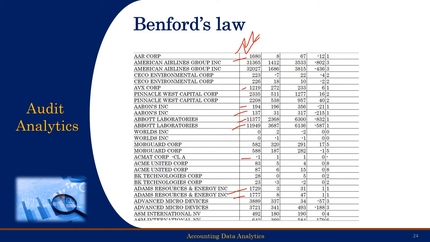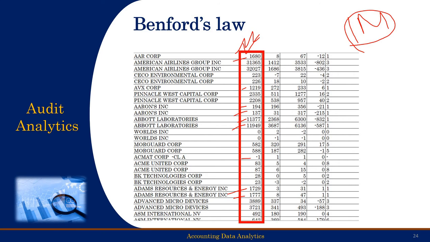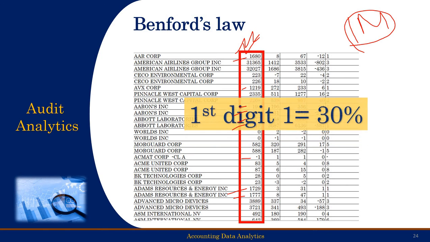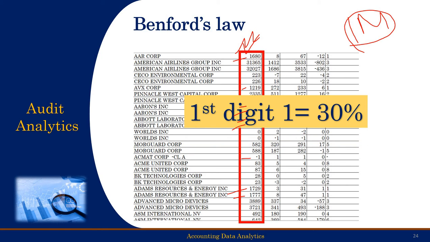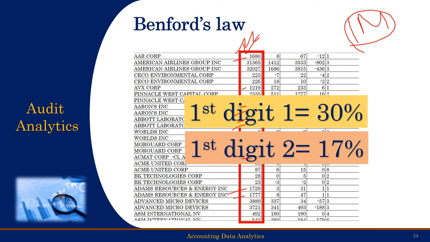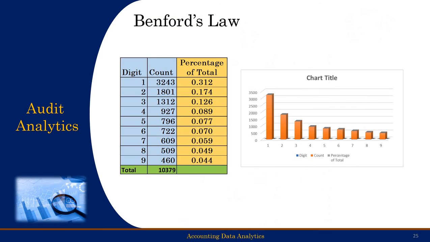So say, for example, this data set has 1 million observations. Out of these 1 million observations, the first digit 1 will be 30% of the times, and the first digit 2 will be 17% of the times.